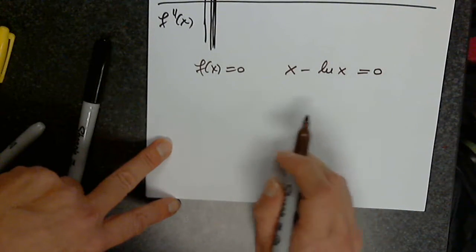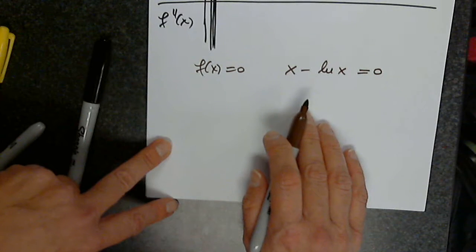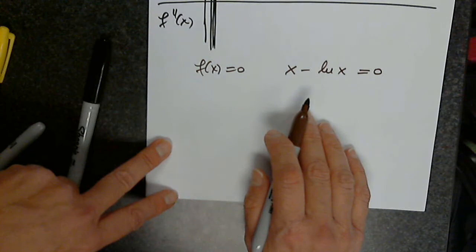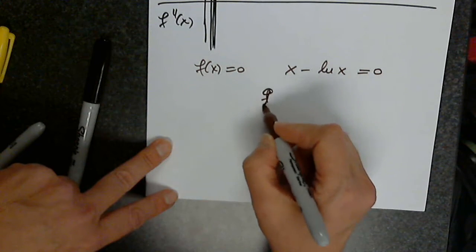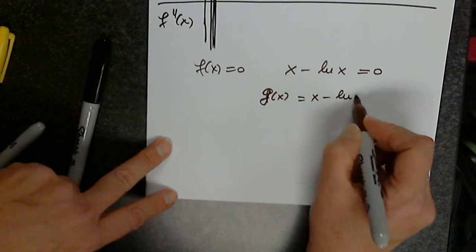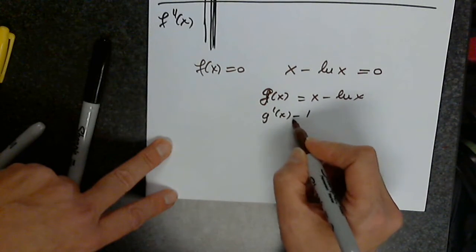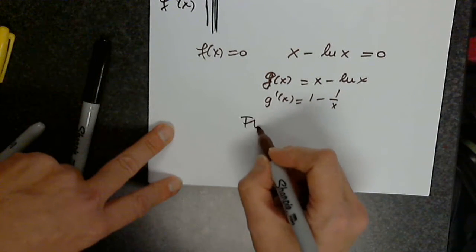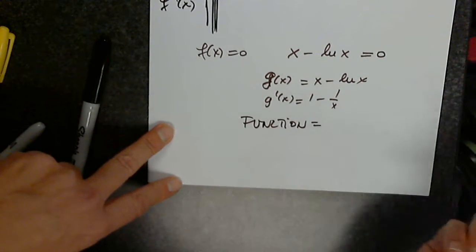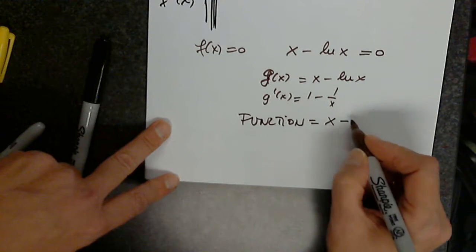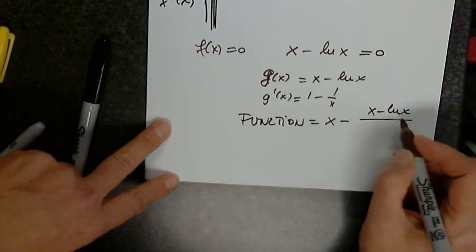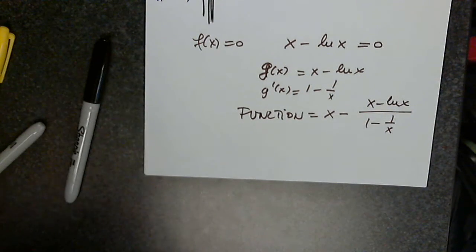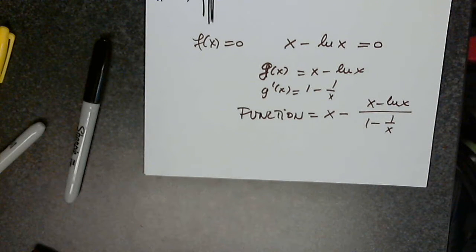I know how to determine the solution here with super accuracy, right? So I'm going to say this is my g of x, which is x minus natural log x. g prime of x is 1 minus 1 over x. So then I know that the function I need to use Newton's method on will be x minus natural log x over 1 minus 1 over x. I don't know where to start.